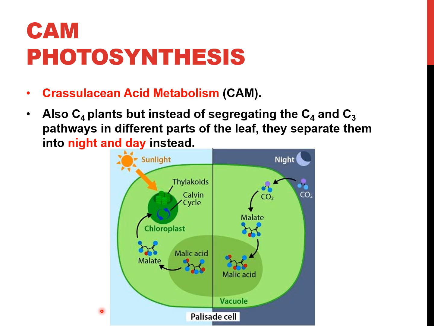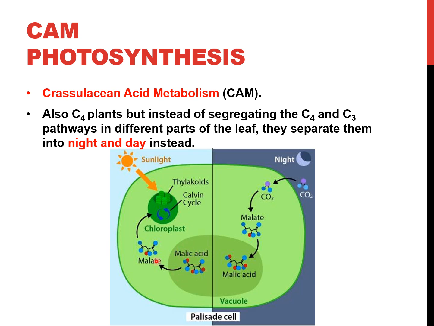Therefore, the day occurs, and these plants close their stomata up. So no more gas exchange, but the light is there. So the light dependent stage of photosynthesis can occur. And then when we need our carbons for the Calvin cycle, they are coming from the vacuoles where they're stored as malic acid.